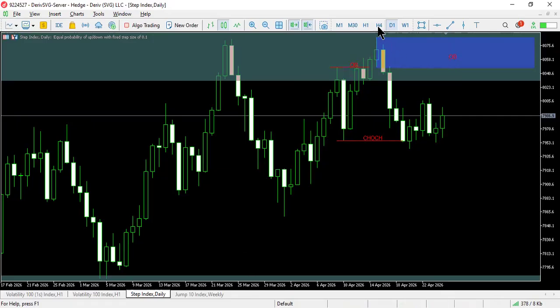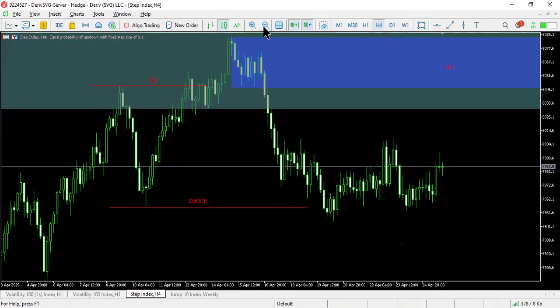And then heading over to the 4 hours time frame. So from the 4 hours, the last break of structure, adjusting it to the 4 hours time frame, it's going to be at that level.